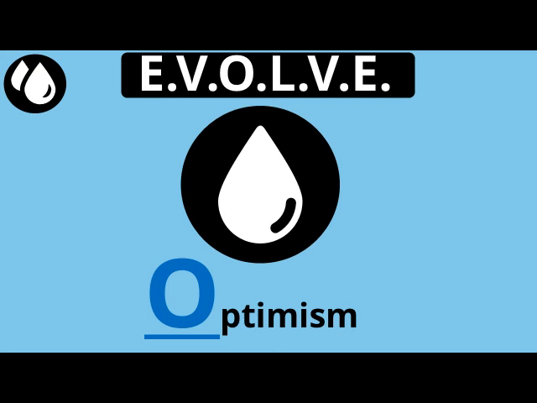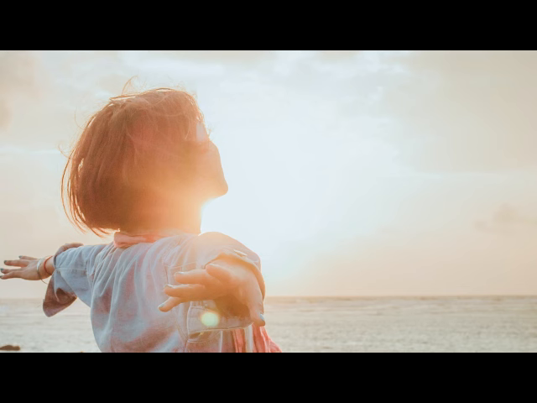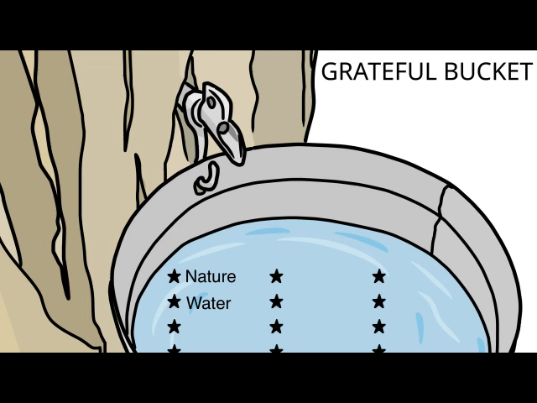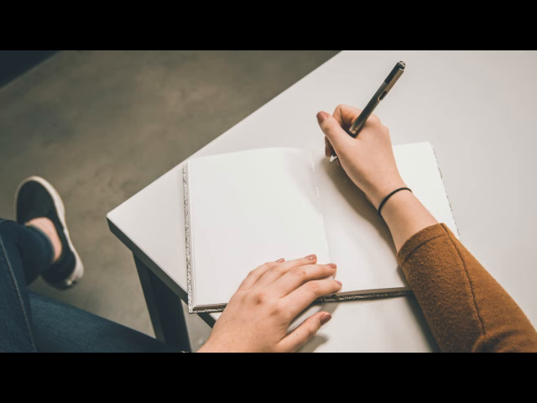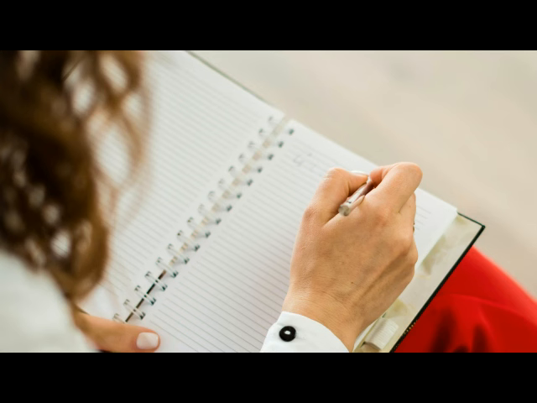The next letter is the letter O for optimism, like the sweet sap that comes out of the tree. When we talk about this flow of positive thinking, like the sap's flow, this fuels the maple tree's growth, and it's also the potential for our own inner strength. So this practice of positivity and gratitude in life, just like collecting and sustaining the sap from the tree, these ideas and concepts of gratitude journals and daily gratitude exercises will help you going forward.